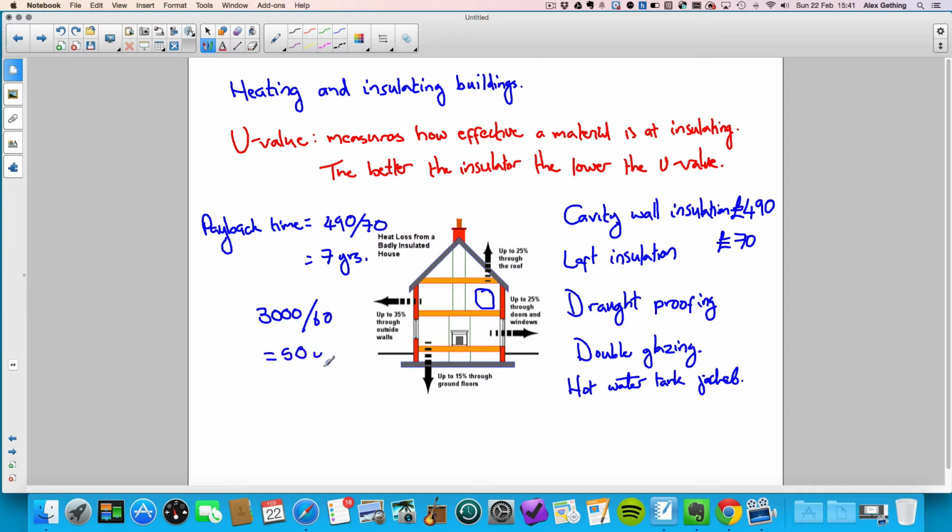Can you see that's going to take 50 years to pay us back? So if you're living in a house and you're not planning on staying in for 50 years, you might actually think it's not worth having that double glazing done. But these are the sorts of calculations that you could be asked to do, so it's worth practicing them.